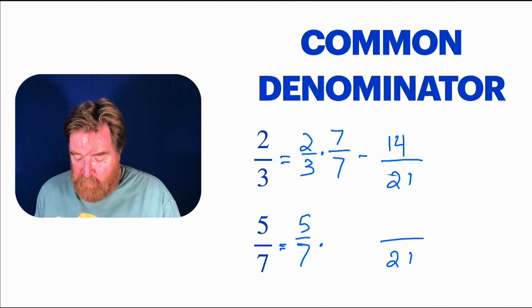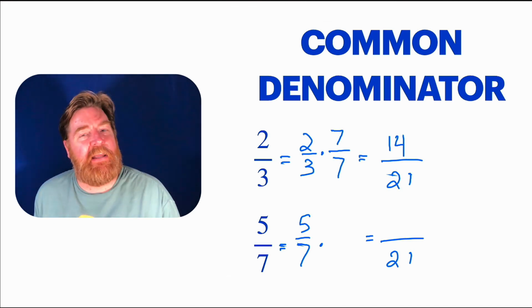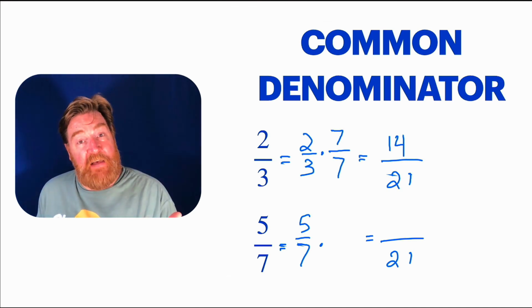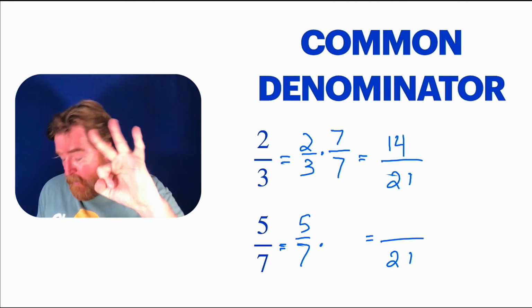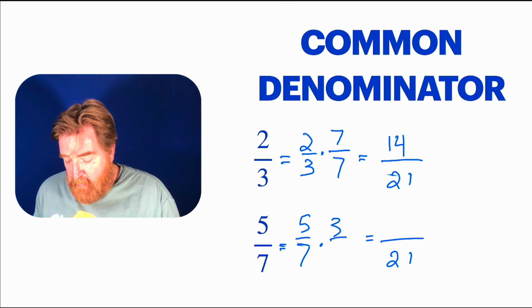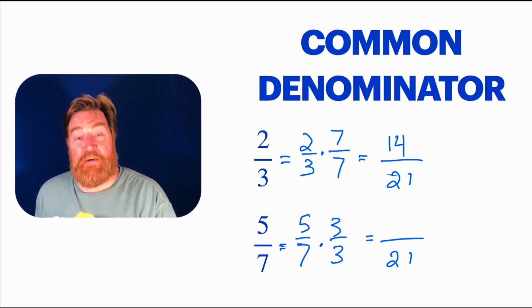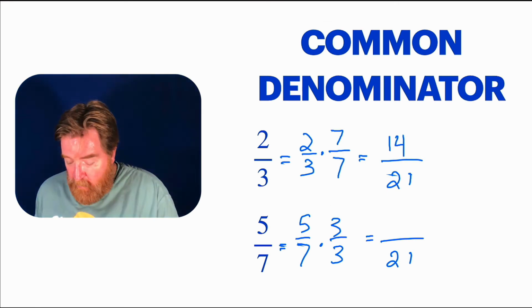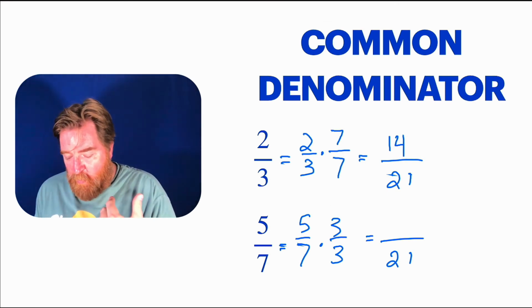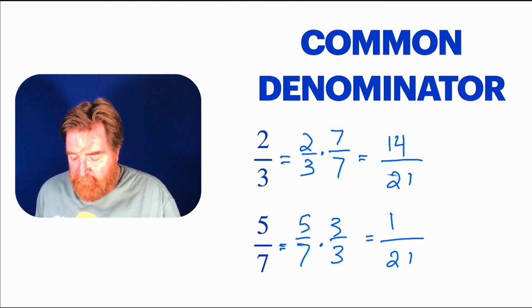So 14 21sts. Excuse me, I forgot my equal signs. 5/7, what form of 1? Nice. 3/3. The number 1. 7 times 3 is still 21. 5 times 3 is 15.